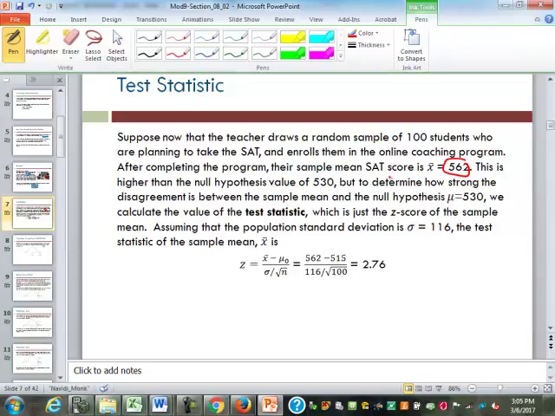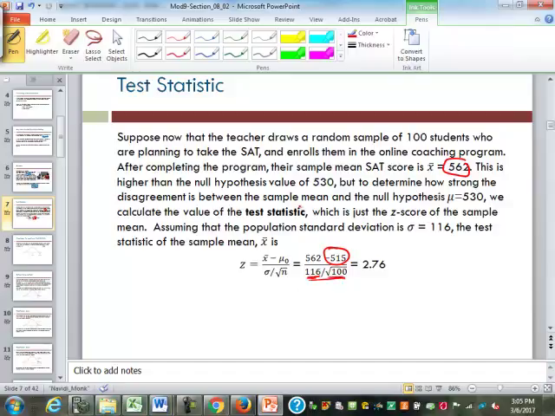To determine how strong that disagreement is, we calculate a test statistic. That test statistic is a z-score of the sample mean based on our hypothesized value. Notice we're assuming the hypothesized value of the mean is true, and we are using the standard error of the mean rather than the standard deviation. That's the population standard deviation divided by the square root of the sample size.